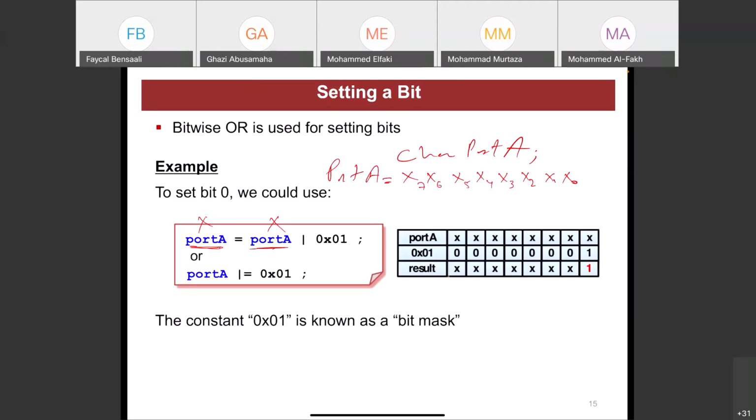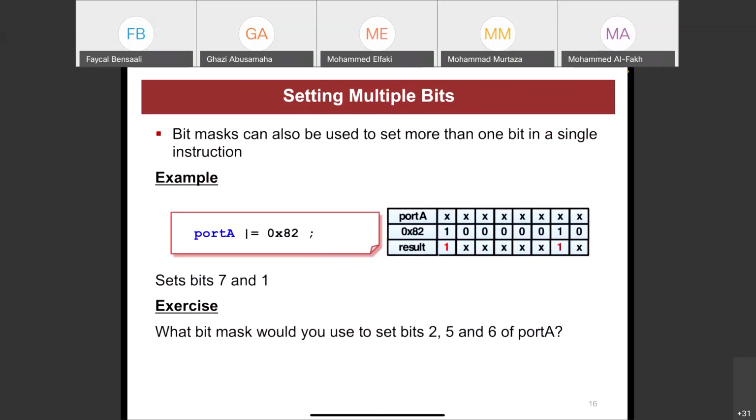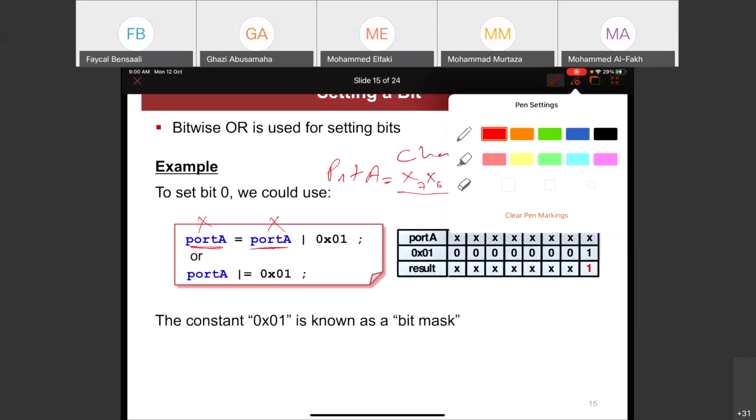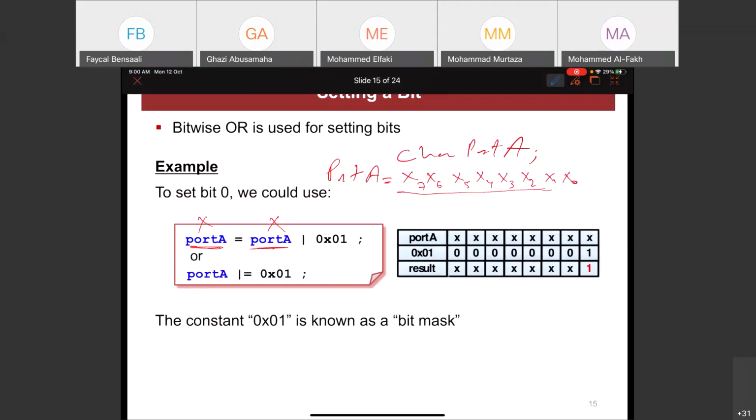What I want to do is keep all those bits as they are. I don't want to change bit x1 to bit x7. I just want to change this bit x0.